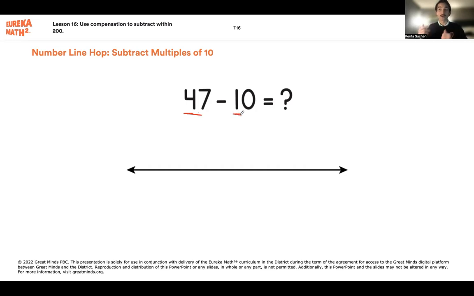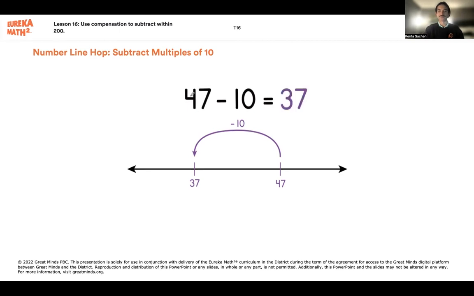We're just taking away one of those tens. You can think 40 minus 10. 40 minus 10 is 30, right? 3 tens. So 47 minus 10 is 3 tens. The ones doesn't change. It's 37, right? We're just going down 1 ten value.